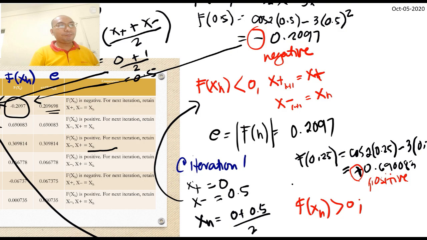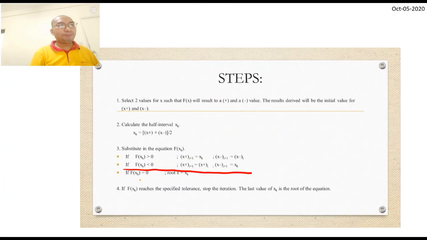we will go back to the equation again. If your f of x sub h is greater than 0, your x plus will become xh and your x minus will retain.